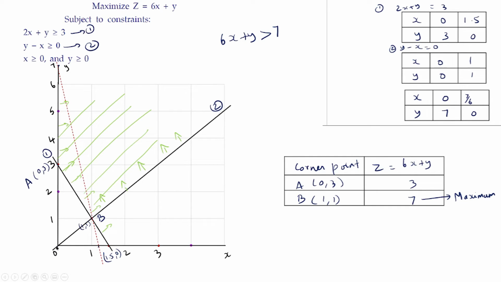If we substitute the origin and check, we get 0 greater than 7. It is not true. So it means the origin does not lie in 6x plus y greater than 7. So the half plane corresponding to this is this side, this part. So here this is the region.